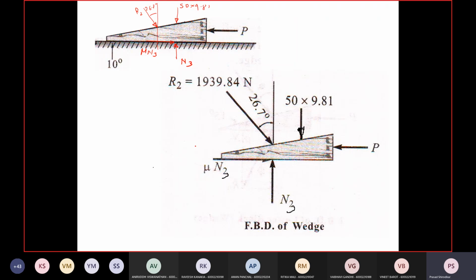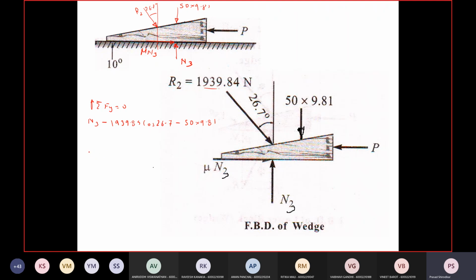because here you have to just resolve one force and other forces are already there. So let's do summation Fy equal to 0, upwards positive, so N3 minus the vertical component of 1939.84 cos 26.7 minus 50 into 9.81, that will give you N3.